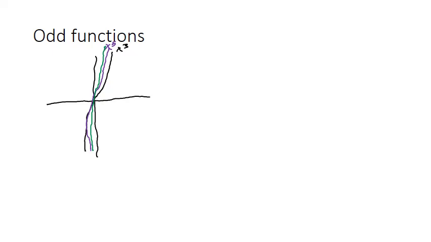What all of these have in common is that their symmetry is here, that this point acts like a mirror. So what we would say here is that for odd functions, they're going to be symmetric with respect to the origin.